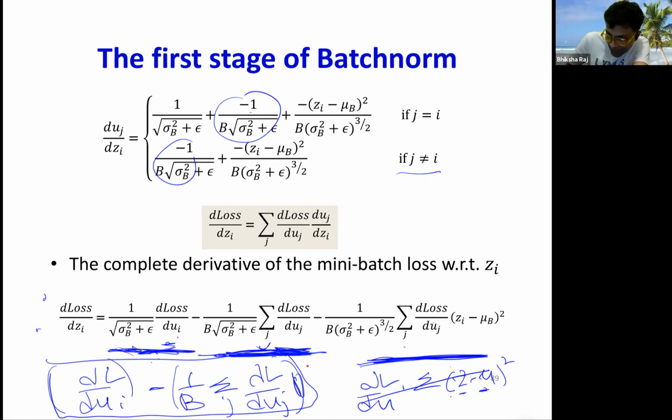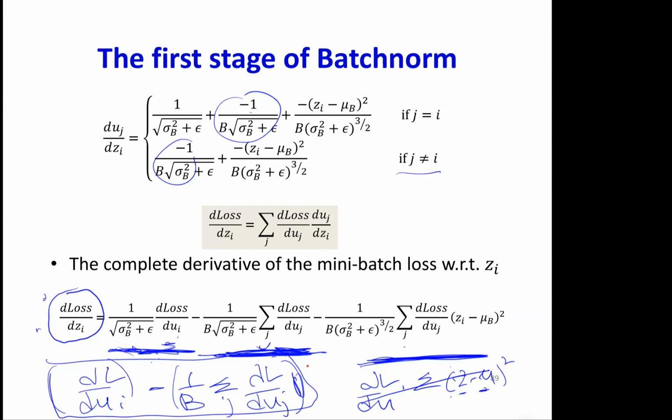So what does this tell us about the derivative of the loss with respect to zi if for some unfortunate reason all of the samples in the mini batch are identical? What will happen to your derivative? Anyone? It won't change at all? It's going to go to 0, right?